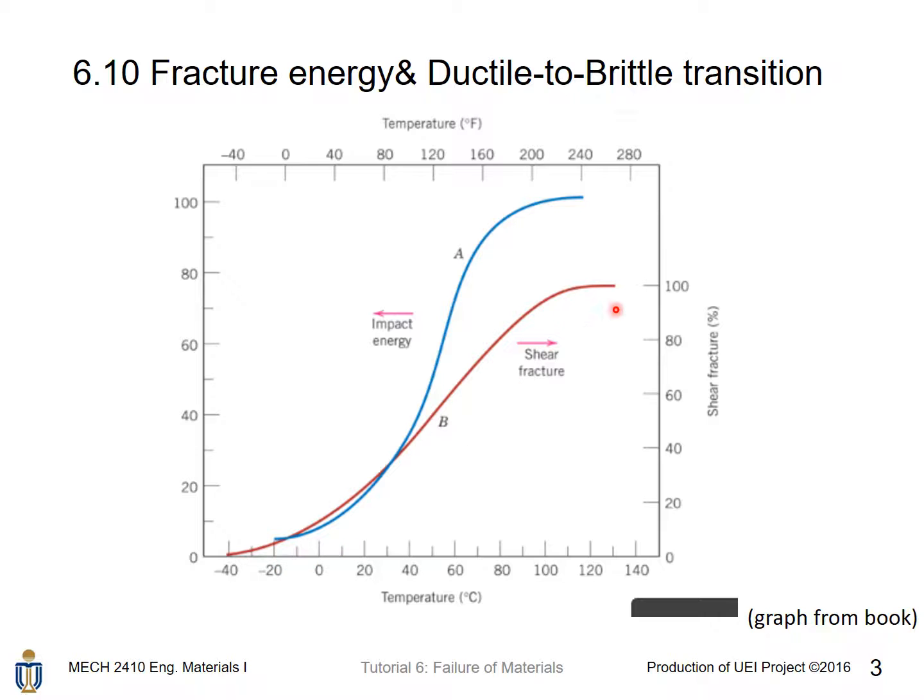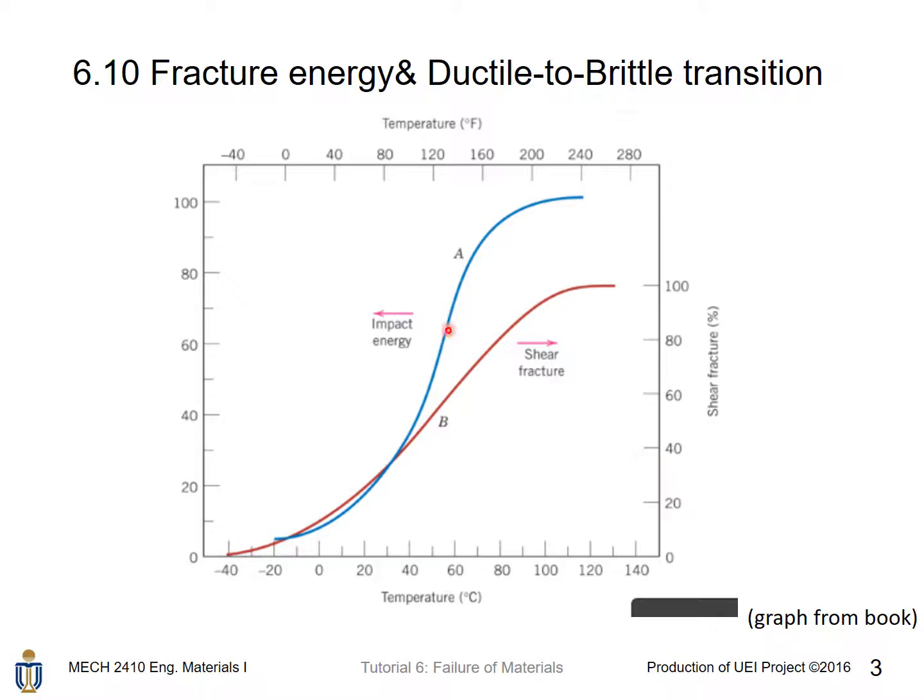And B is the shear fracture percentage. A higher shear fracture percentage means a higher percentage of ductile fracture. And a lower percentage means a lower percentage of ductile fracture, or a higher percentage of brittle fracture.